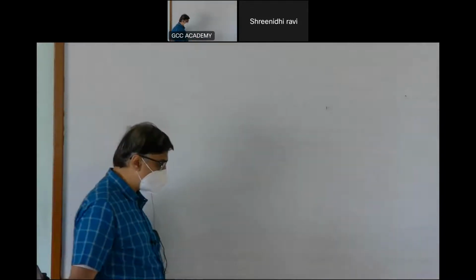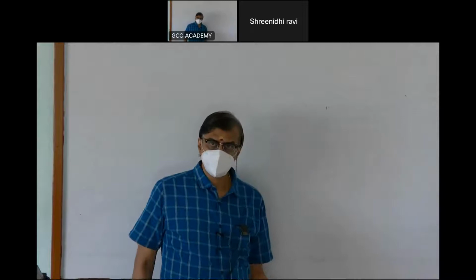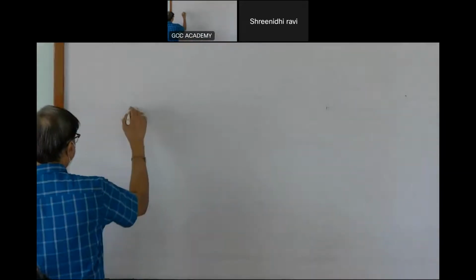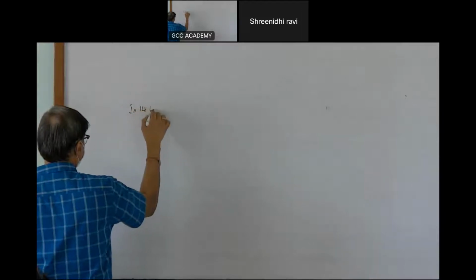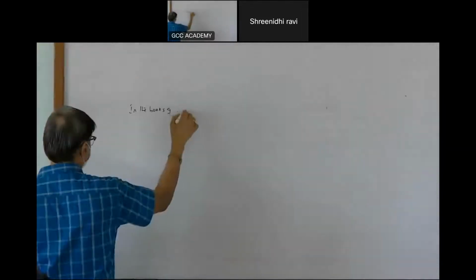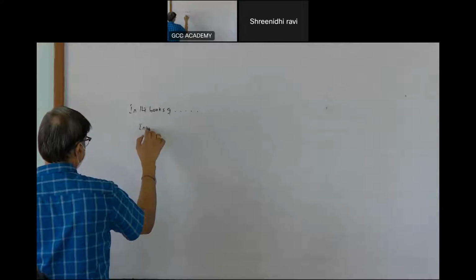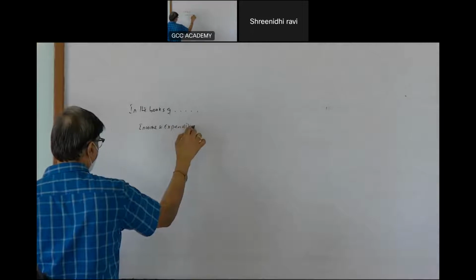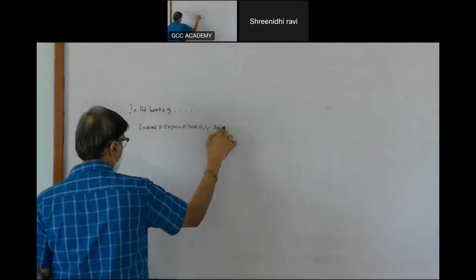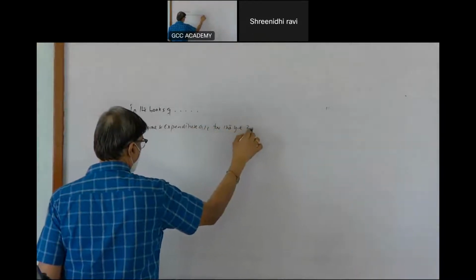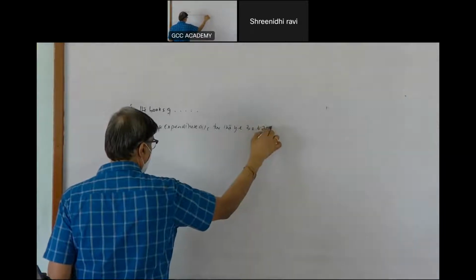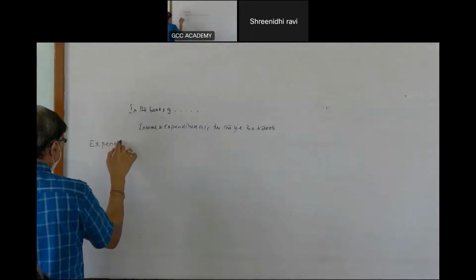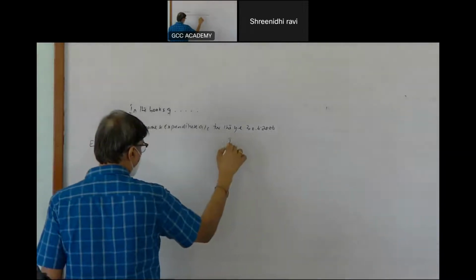So we are supposed to prepare from receipts and payments what? Income and expenditure account, in the books of Aushadhalaya. Income and expenditure account is always for the year ended. You have expenditure on the left hand side and income on the right hand side.